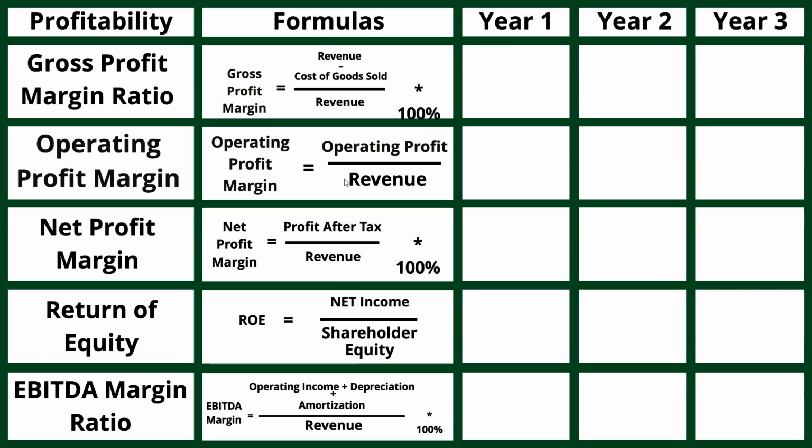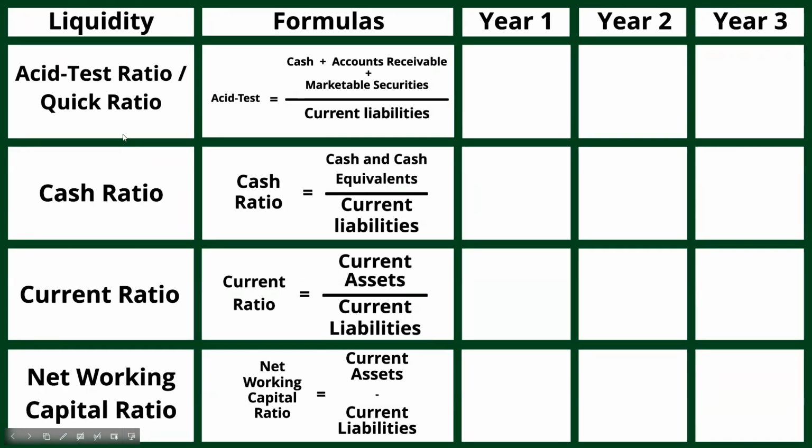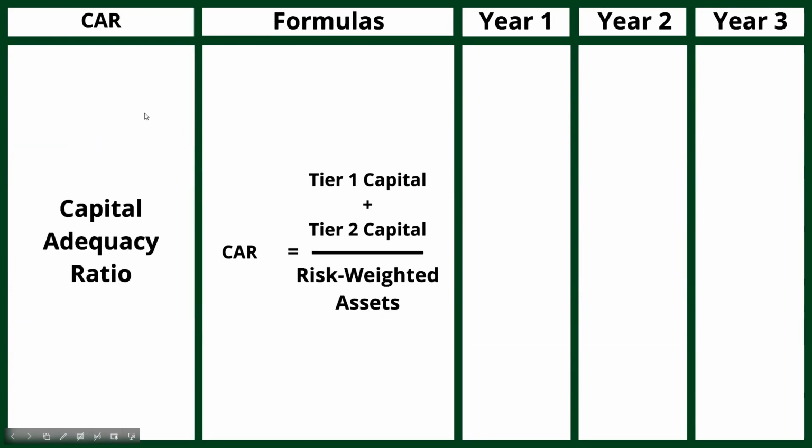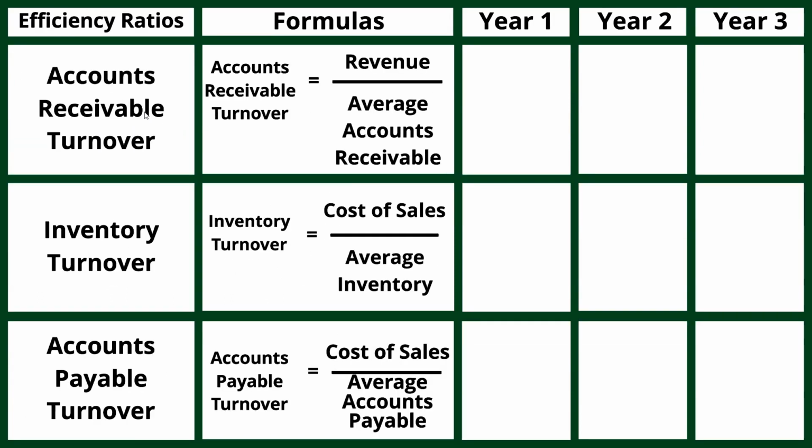You're going to look at year one, year two, year three. We've given you the formula. Calculate these ratios to see how efficient and how profitable you have been. The first one is profitability, this one is liquidity, this one is asset utilization, and then we have efficiency ratios as well.